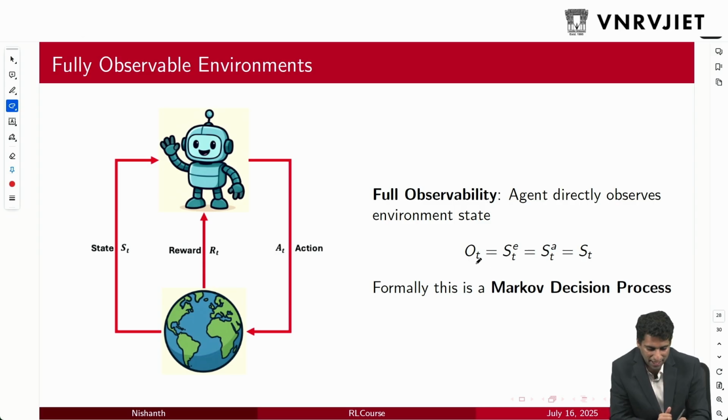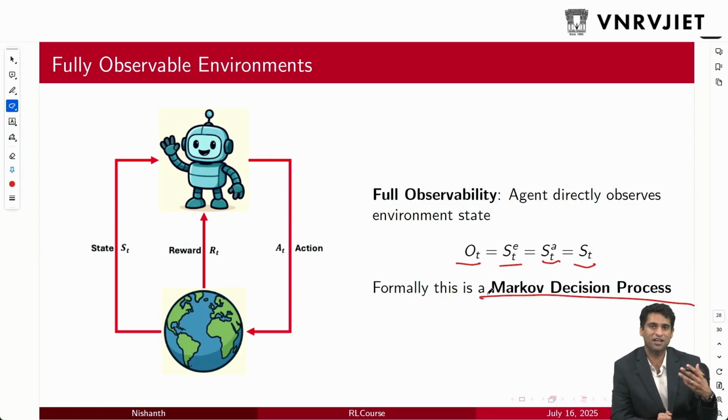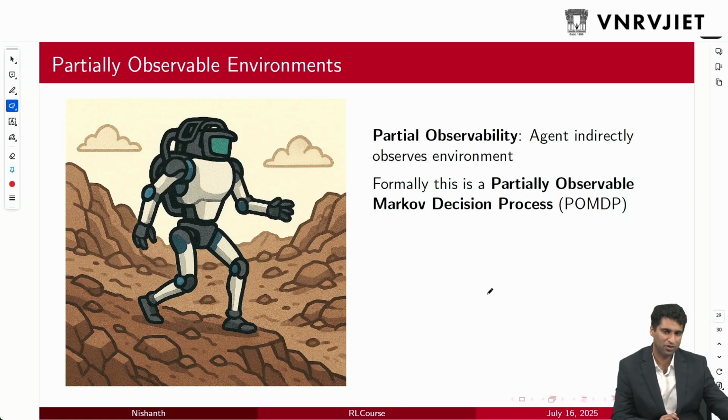So what the agent observes or sees as the current state of the board is the same as the environment state, is the same as the agent state, and it follows the Markov property. So wherever we have fully observable environments, we can define something called a Markov decision process, which defines the formulation where we can design RL algorithms, right?